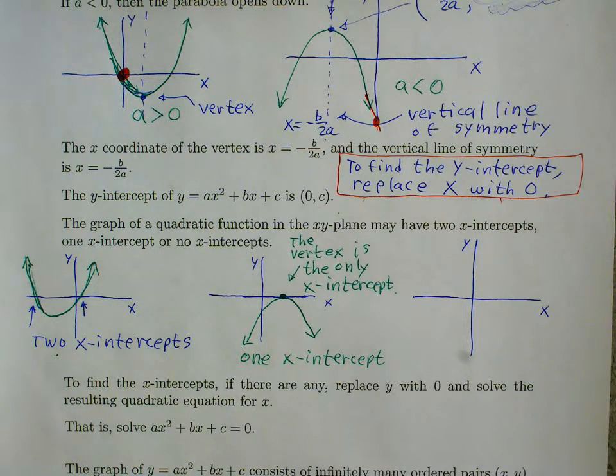So can you describe what that kind of situation looks like? The parabola has no x-intercepts.